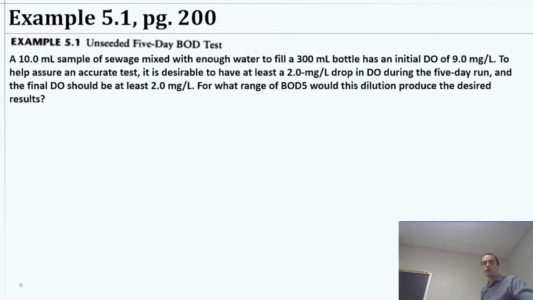So two points down during the 5-day run, and the final DO should be at least 2 milligrams per liter remaining. So for what range of BOD5 would this dilution produce the desired results? Okay, so I'll just put up our equation here.